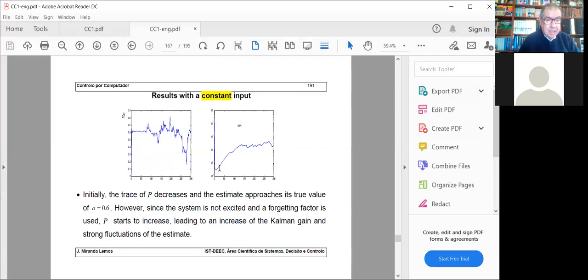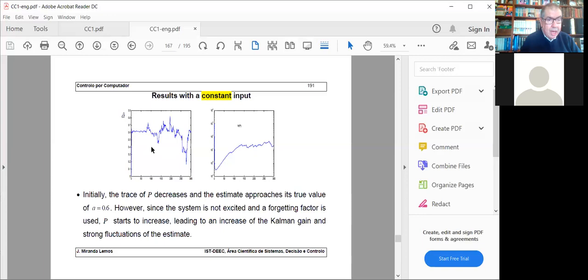Okay, but now what happens? You are always dividing your P by 0.95, so you are increasing your P. And on the other hand, you are not receiving information from data that allows P to decrease, to go against that tendency of increasing due to the forgetting. So P starts to increase. Okay, you see, P decreased and then starts to increase.